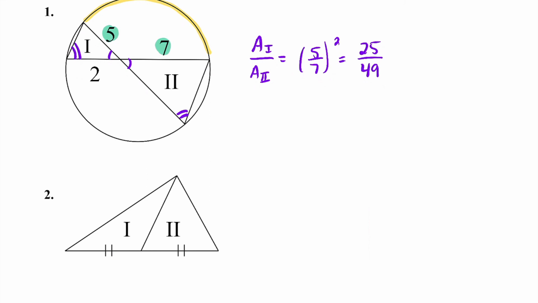For number 2, this is our median situation. Our two segments at the bottom are congruent, and they have a shared height. When this was the case, we found that the area of triangle 1 to the area of triangle 2, because that was all the same, came out to be 1 to 1. So again, those sections have equal area.